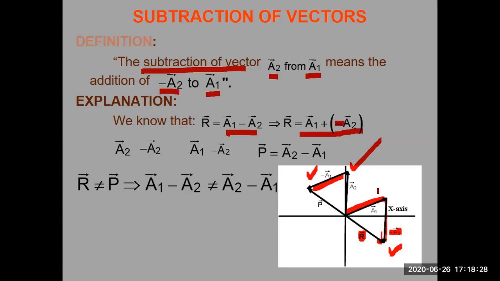The only difference is that when you are subtracting a2 from a1, you have to reverse the direction of a2, exactly opposite. At the end you add these two vectors and get a resultant. That's why it is called the resultant of these two vectors.